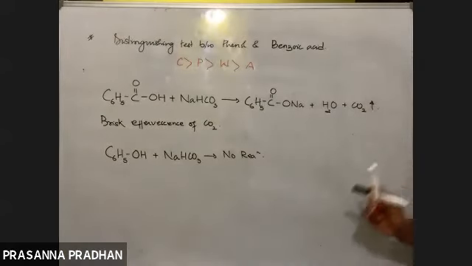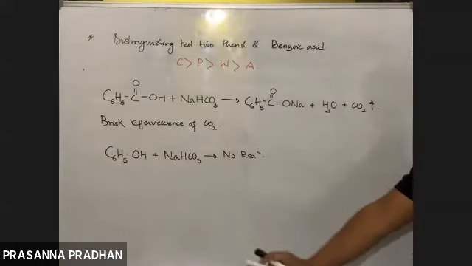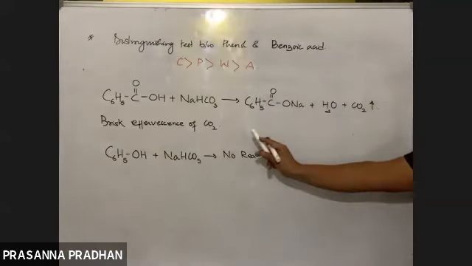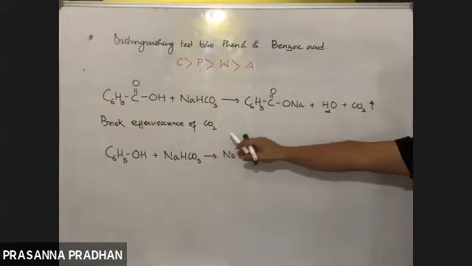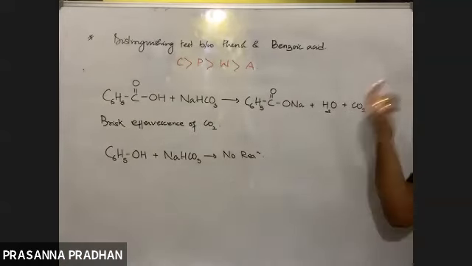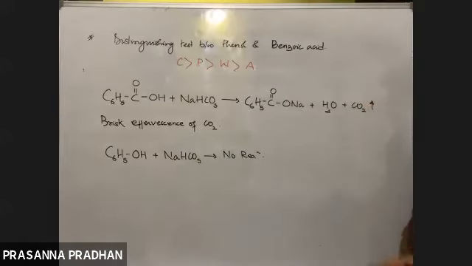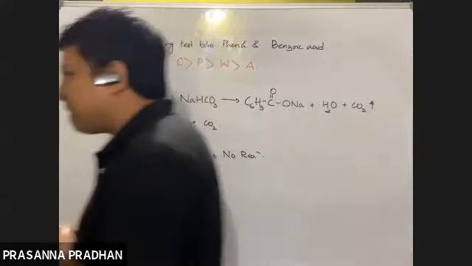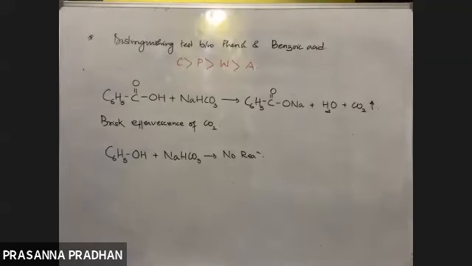Carboxylic acid reacts with bicarbonates to give carbon dioxide gas, which is evolved with brisk effervescence. Effervescence means small bubbles. Whereas phenols, being less acidic, do not liberate carbon dioxide gas on treatment with bicarbonates.